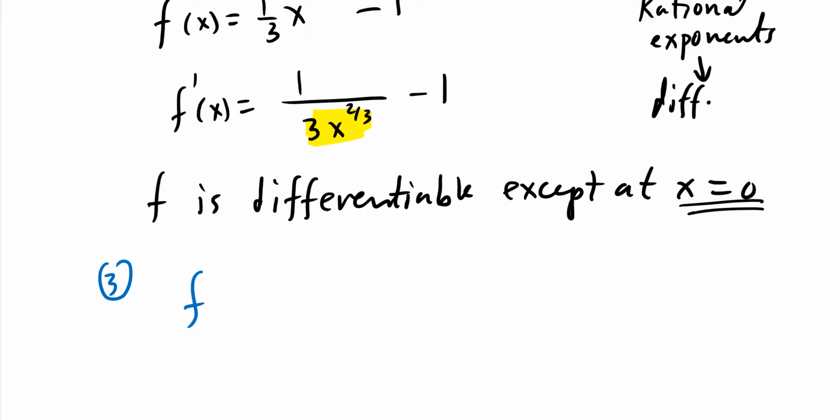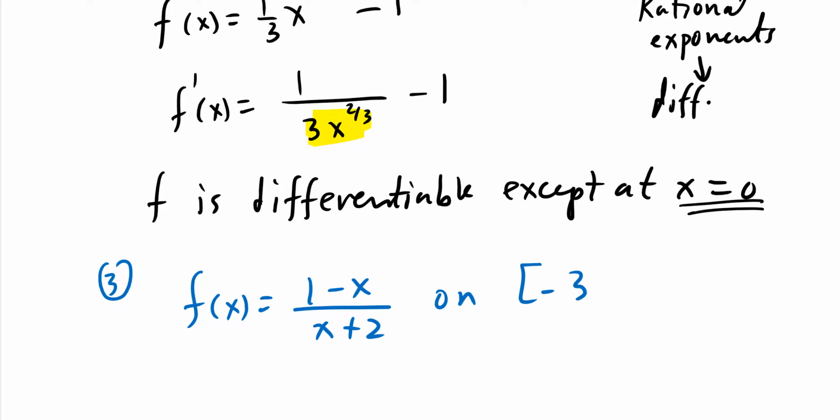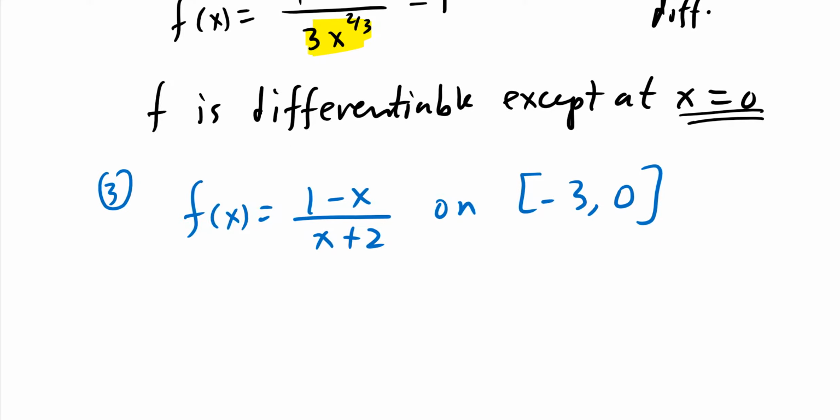Let's look at another one. F of x equals 1 minus x over x plus 2 on the interval -3 to 0. Well, let's check out differentiability. Yes, I can find the derivative. What about continuity here? Well, the domain is everything except -2, so x cannot be -2.